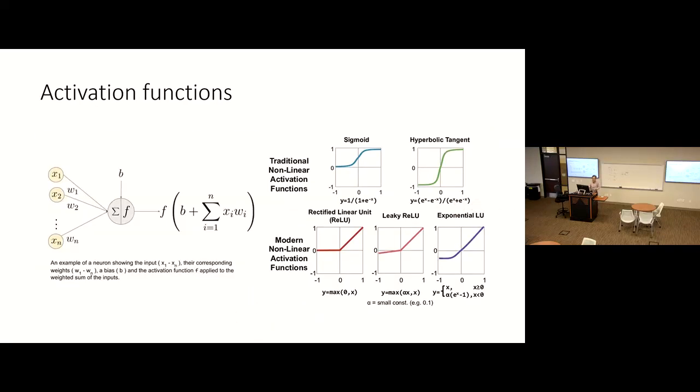One of them can be something like this, okay? If the input, this product, is small or negative, then the output will be 0. If it's positive, it will give you a linear increase of the value and translate into y.